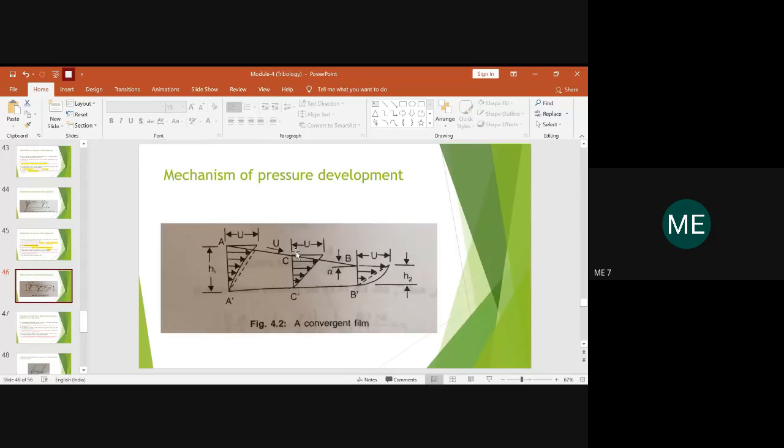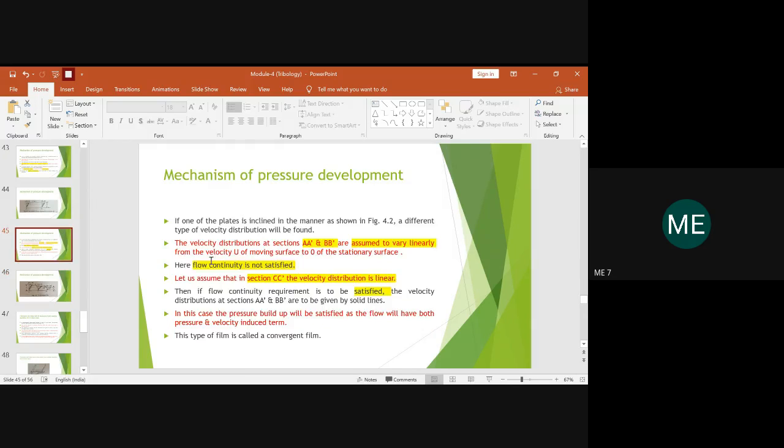So then we need to add one more section here and show that the flow is linearly variable. If in the design it is shown as a dotted line, then it proves that the flow of oil is not satisfied in the continuity aspect. If you have a continuous line, then you can claim that flow continuity has been satisfied.